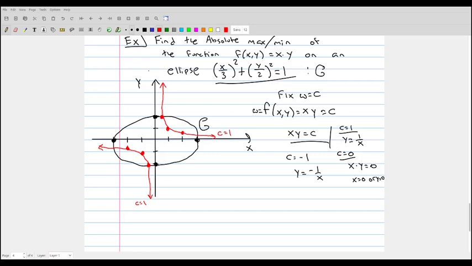When c is equal to 0, you get the straight line going down at x equals 0. And you also get the straight line going across corresponding to y equals 0. So the function value on the axis is 0.